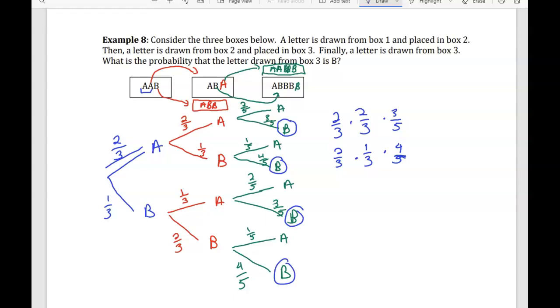Then down here, we have 1/3 times 1/3 times 3/5. For down here, we have 1/3 times 2/3 times 4/5.